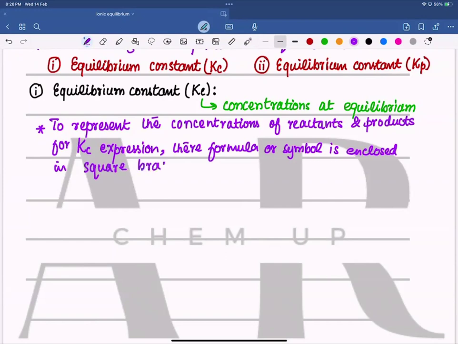That is very important. If you don't enclose it in a square bracket, you will lose marks.